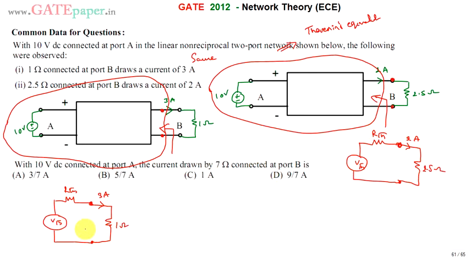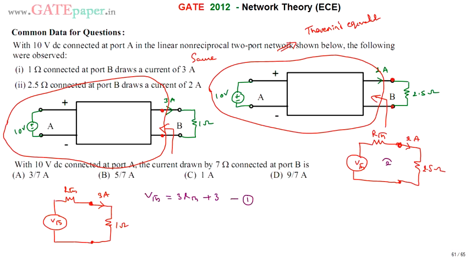Write the equations. First one: VTH is equal to, using KVL, 3 into RTH plus 3 into 1 ohm, that is 3 RTH plus 3 volts. This is equation 1.